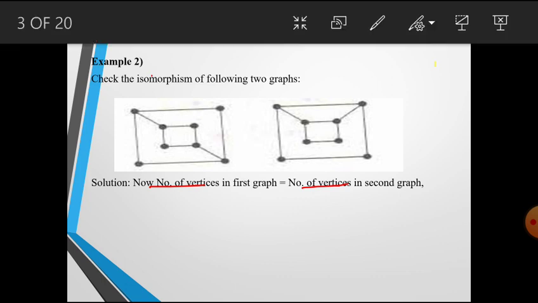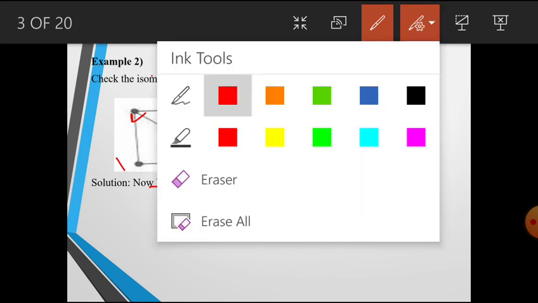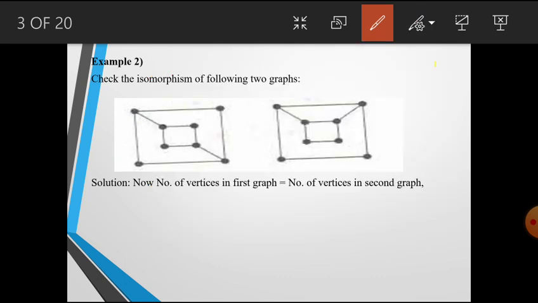How many vertices in graph G1? 1, 2, 3, 4, 5, 6, 7, 8 in G1. Also 8 in G2. Therefore, there are the same number of vertices in G1 and G2.